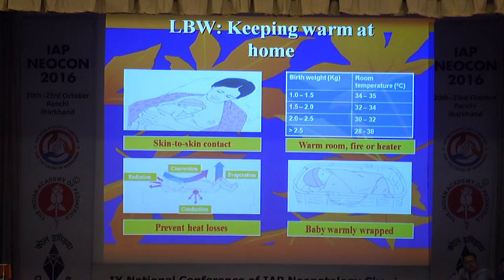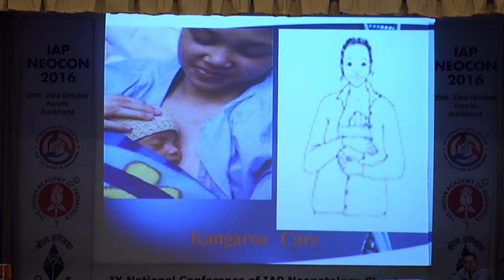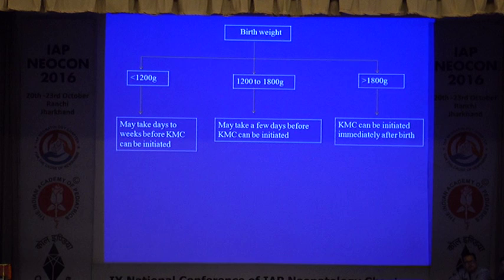And we are seeing that the mother is trying to do this KMC. So this is the way by which we can keep the baby warm, and KMC should be a routine practice in most places because it does not need a lot of devices. It simply requires motivation and commitment.